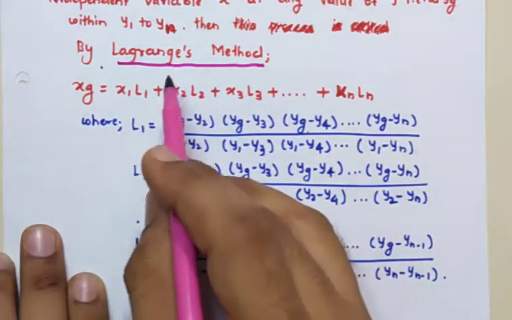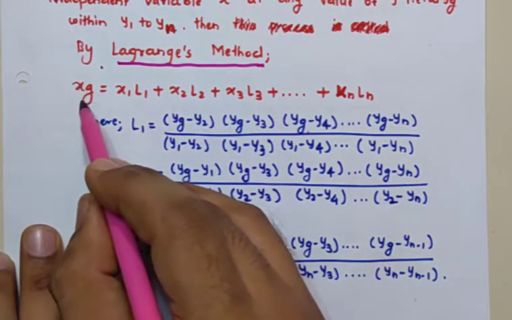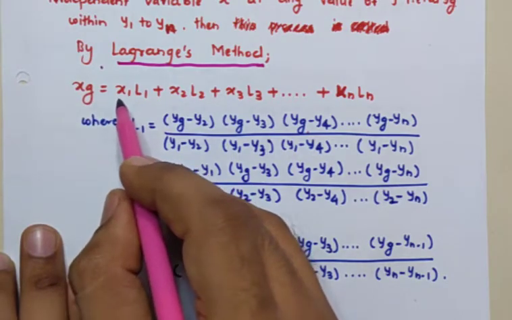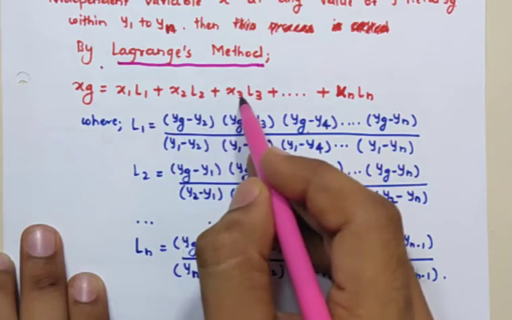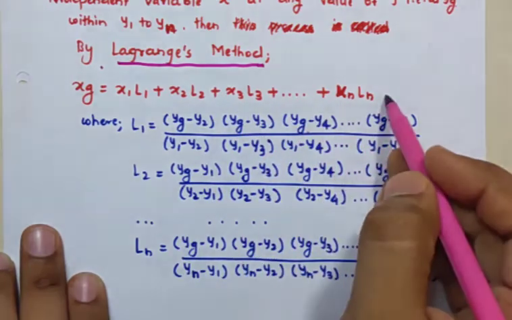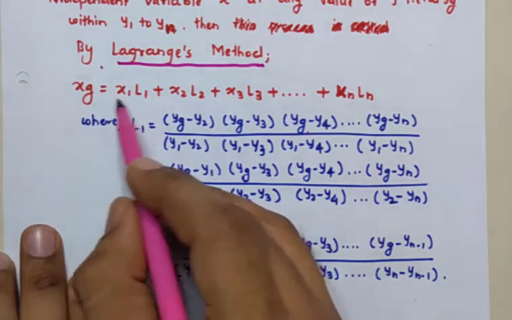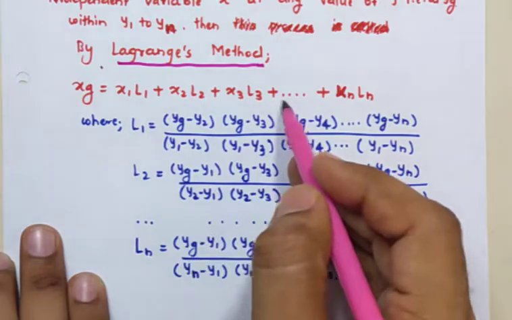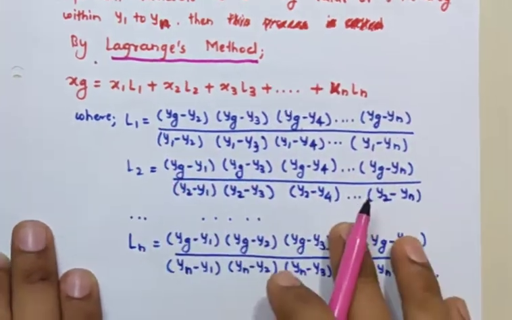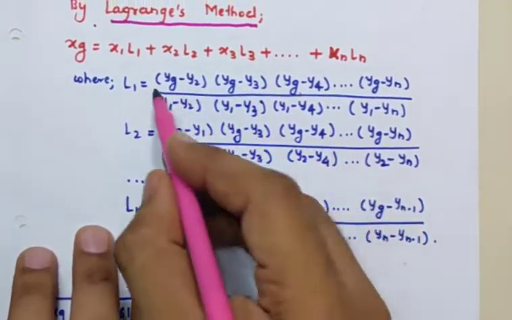In case of simple Lagrange's method, as our aim was to determine the yg value, the expression was y1 L1 plus y2 L2 plus y3 L3 up to n terms, but here the expression is in terms of the x variable. Again, these L1, L2, L3 up to Ln represent Lagrange's constants and they can be determined by observing this formulation.